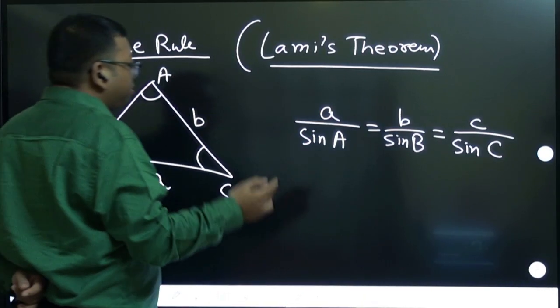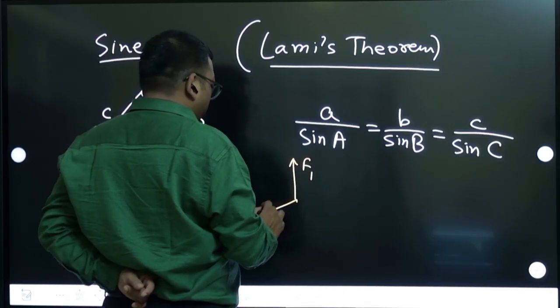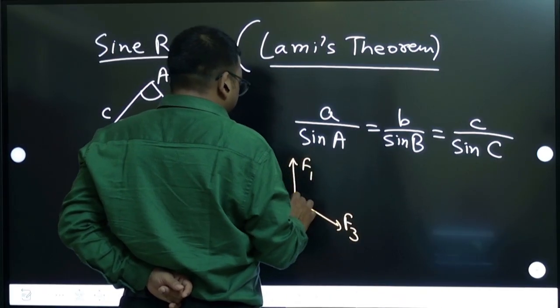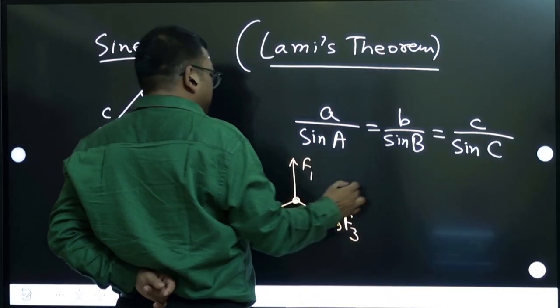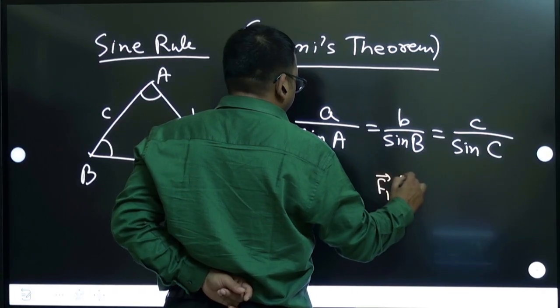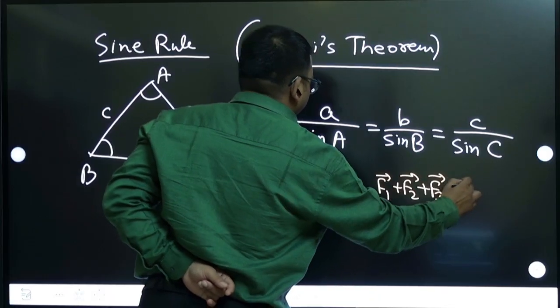Note that in Lami's theorem, you say that there are three forces F1, F2, F3 acting at a point, that means they are concurrent, and the vector sum of all the forces is 0, right?